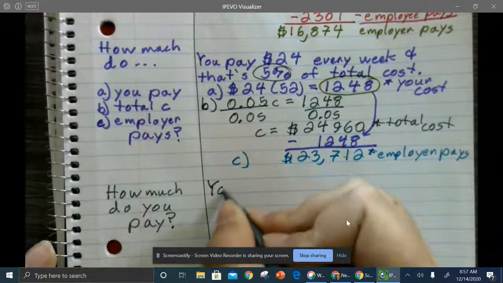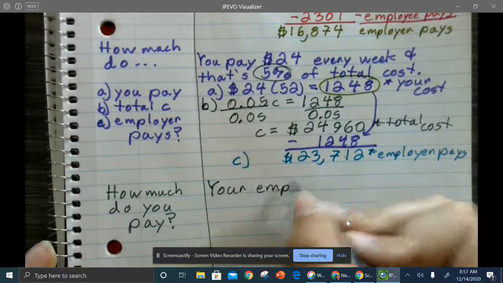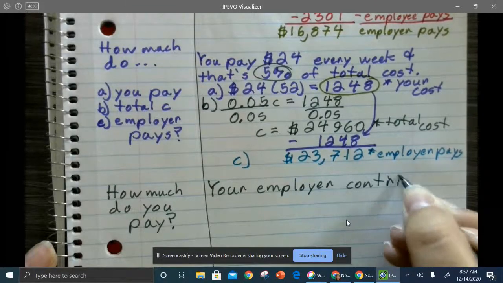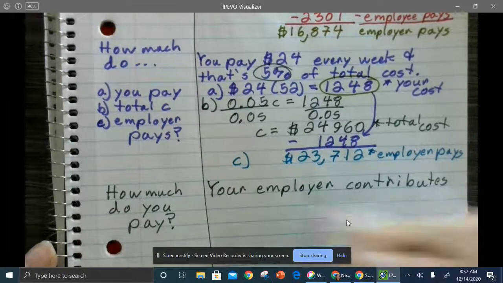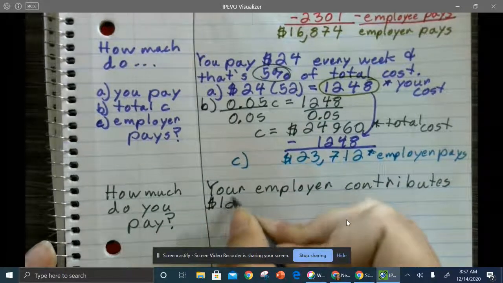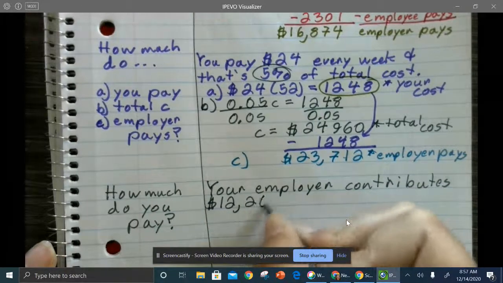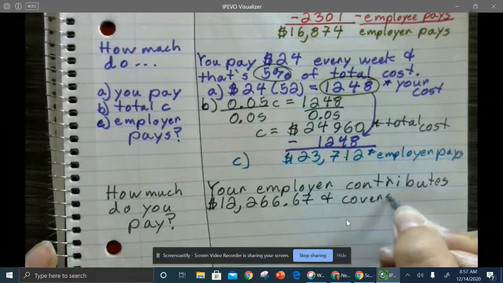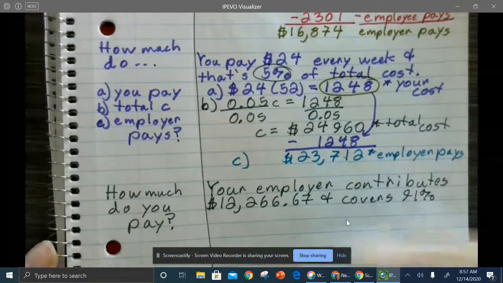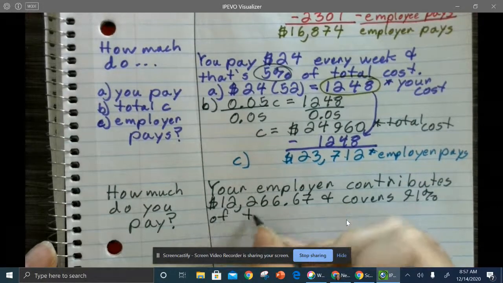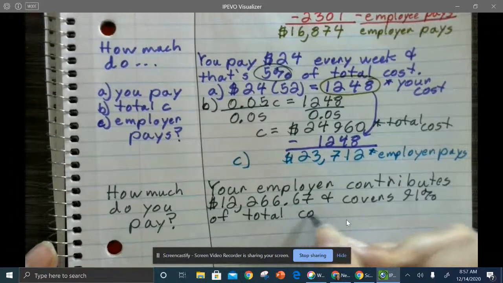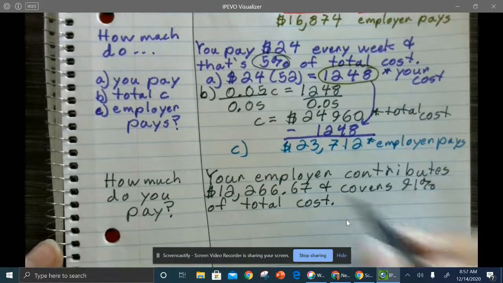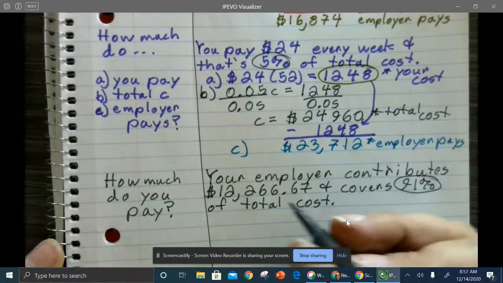So your employer contributes $12,266.67 and covers 91% of the total cost. Okay, how much do you pay? Okay, so everybody, so 91%. So we're going to do 91%.